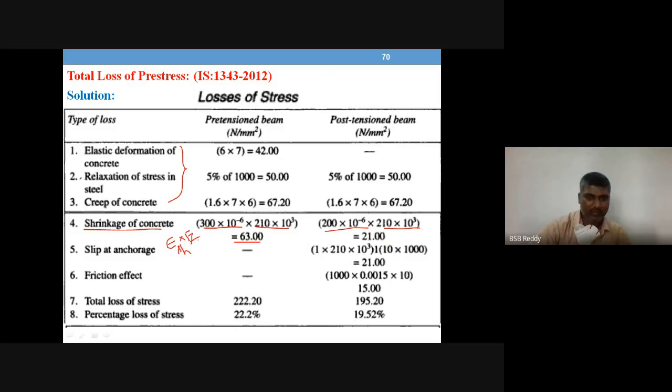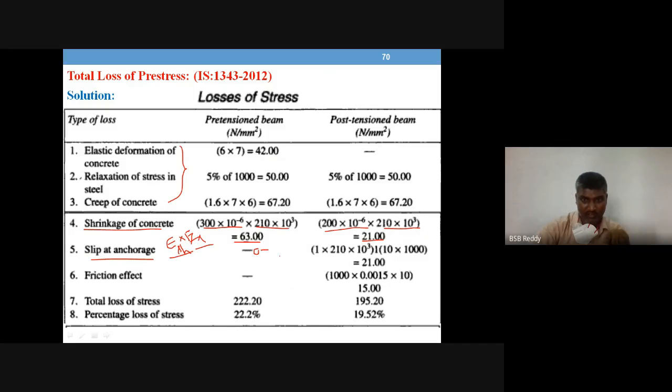Just simply multiply this shrinkage strain with Young's modulus of steel, and this will give you the shrinkage loss. So 21 here and 63 here. Now slip in anchorage, or anchorage slip loss, will not be there for pretension. Remember, 0. It is only for post-tension.